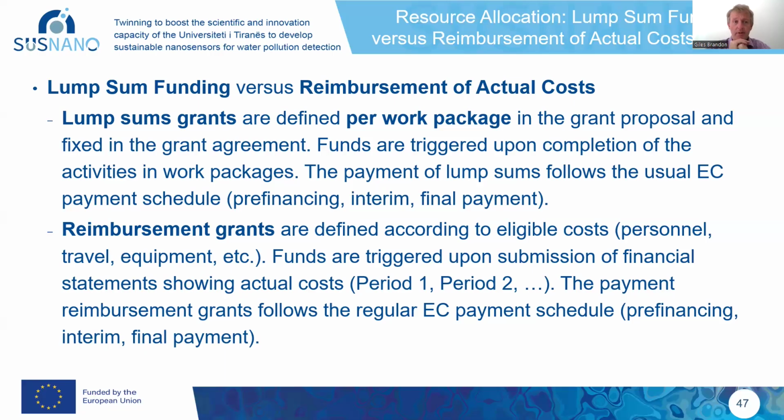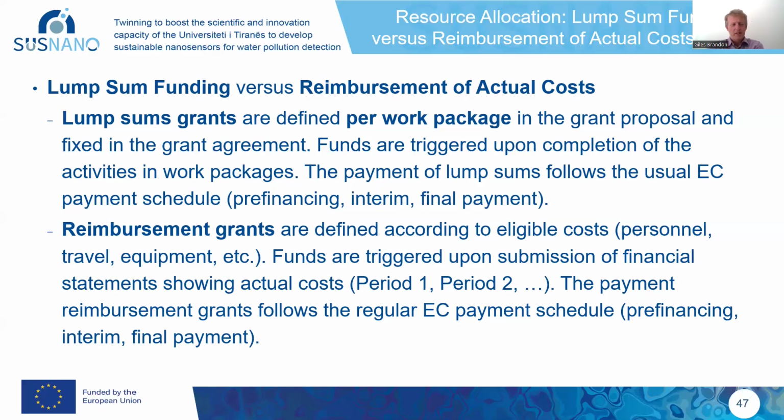these days with Horizon Europe, there are sort of 2 ways of doing the budget. There's something called lump sum funding, and then there's something called reimbursement of actual costs. So in the past, with Horizon 2020, until the very, very end of the program, the way you did the budget was all reimbursement of actual costs.